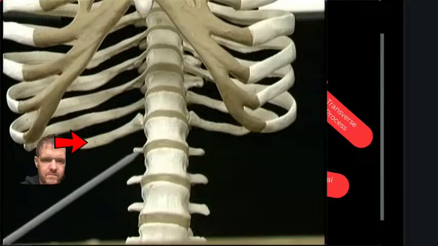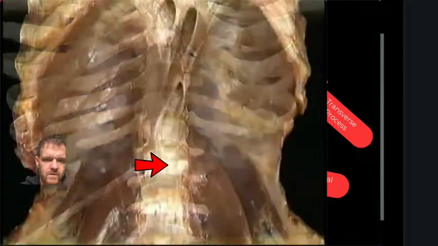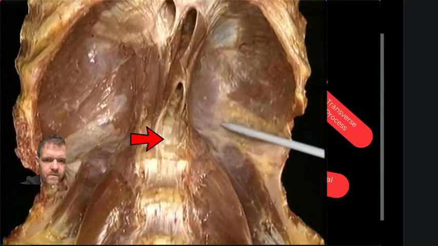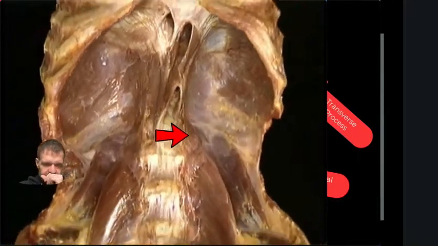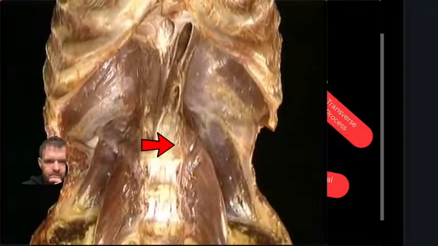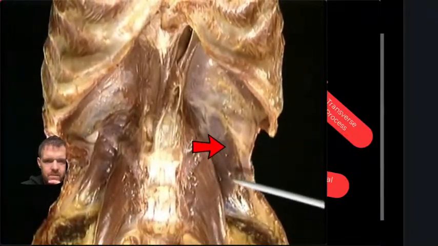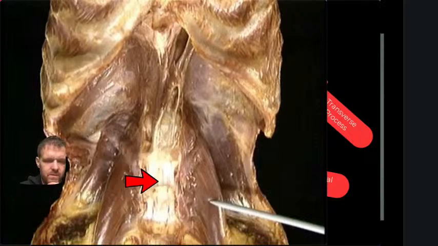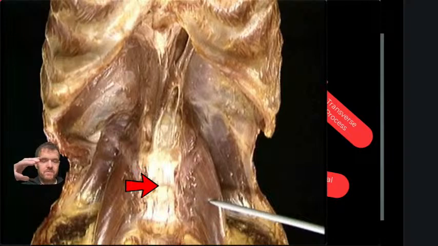So from that 12th rib onto the vertebral body, which is around this area here. There's your QL, your psoas, and then your vertebral bodies at the front. So a massive muscle, with loads of stuff going on as well.